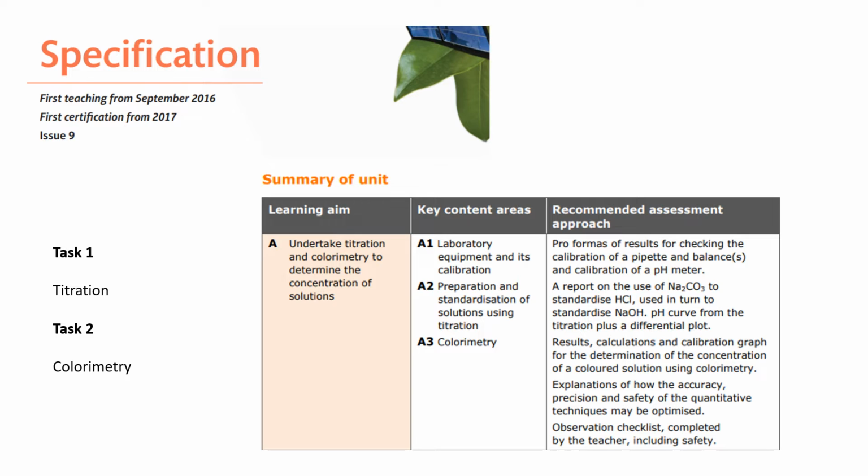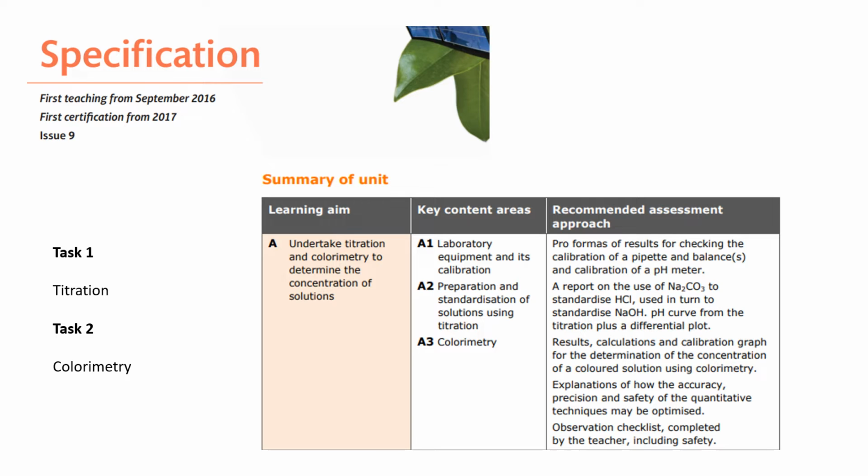Now, Unit 2, there are 4 assignments, A, B, C, D. In Assignment A, which we're going to use as an example in this video, there are 2 tasks. Task 1 is a titration. You actually do a couple of titrations. And task 2 is colorimetry.